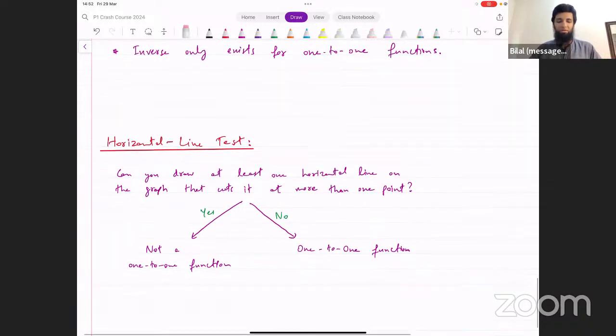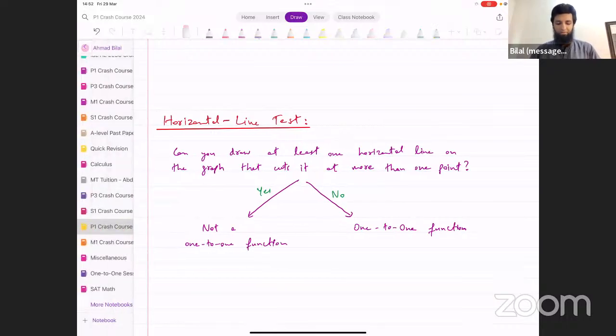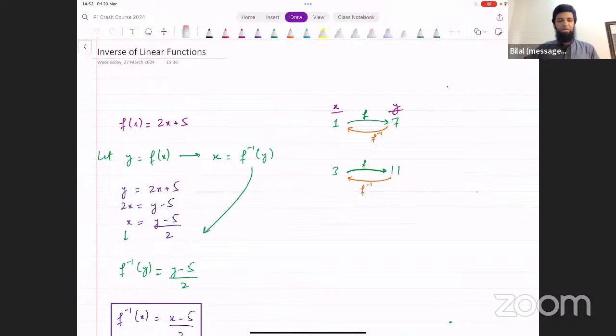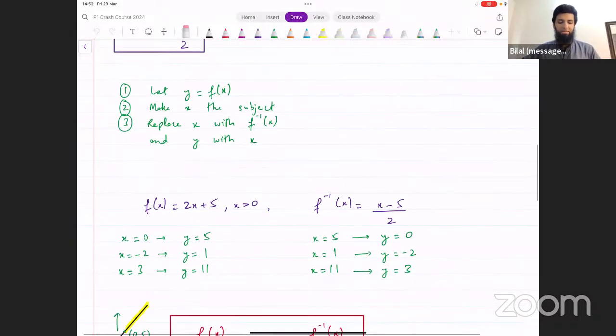Now, that's something that you need to remember. We talked about the horizontal line test, how you can look at a graph and figure out whether that function is one-to-one or not. Then we talked about inverse of functions, inverse of linear functions. This is something that you've done in O-levels as well. You know the process for this. We quickly revised that.